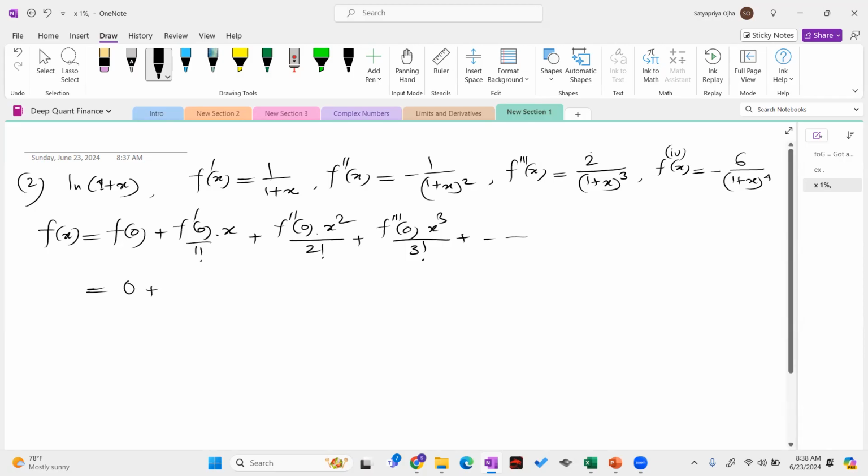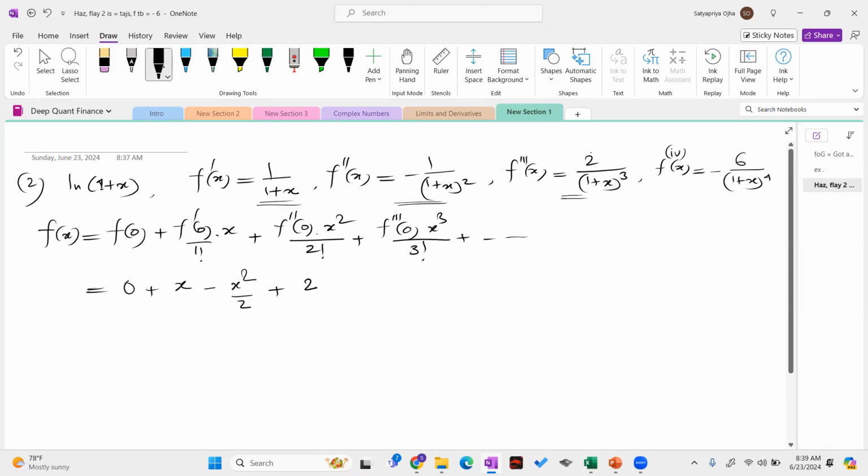Derivative, we already calculated the derivative here. Put x equal to 0, you get 1. So x divided by 1 factorial, that is x. Double derivative is here. Put x equal to 0, you get minus 1. So minus x square by 2. 2 factorial is 2, okay? Plus triple derivative here. Put x equal to 0.